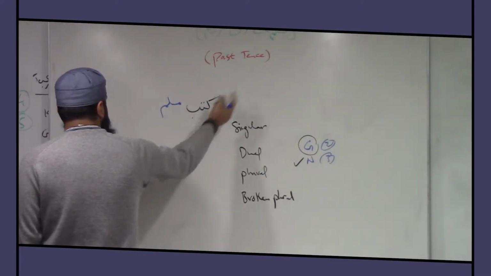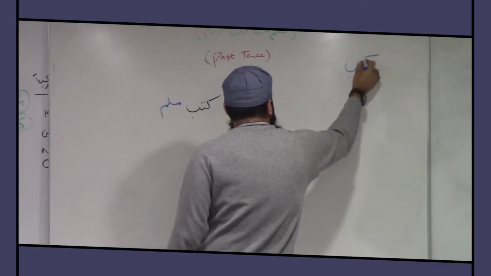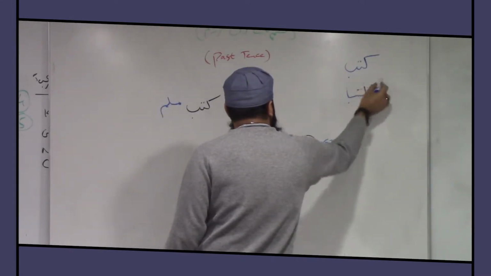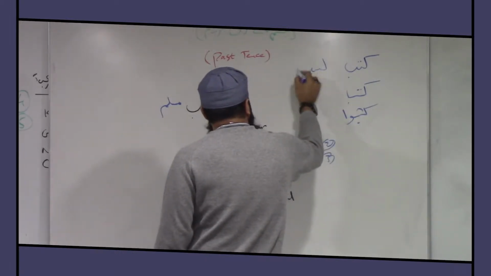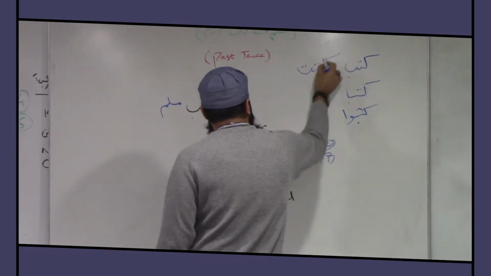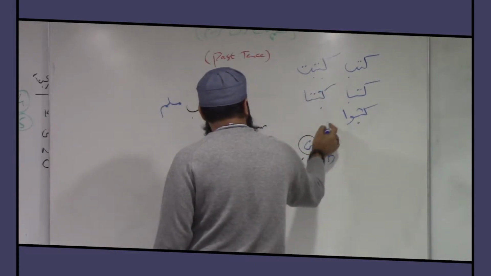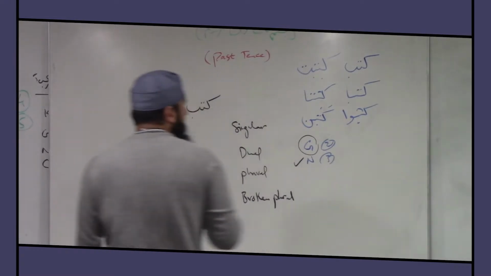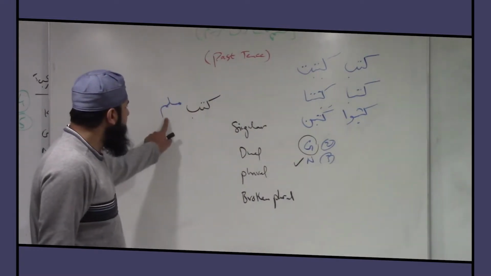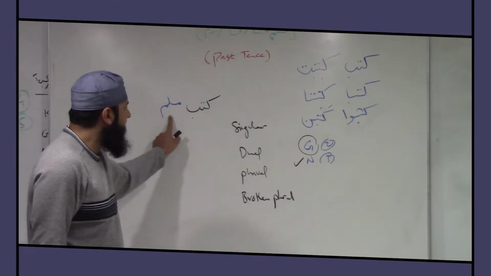Kataba is singular, like whenever we wrote it here: kataba, katabu, katabat, kataba, katabna. So you have Muslimun, which is singular. So kataba Muslimun.